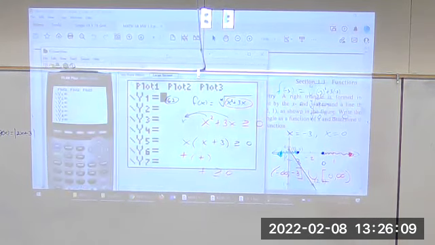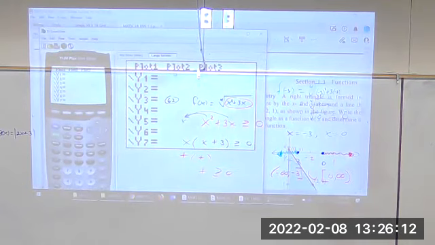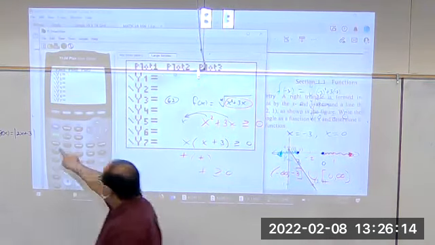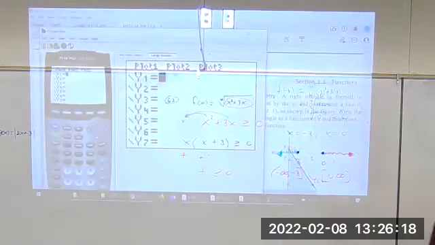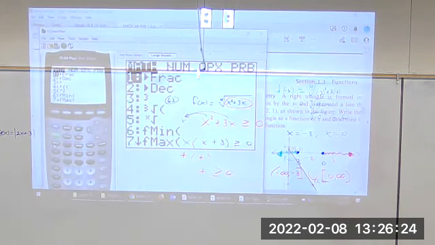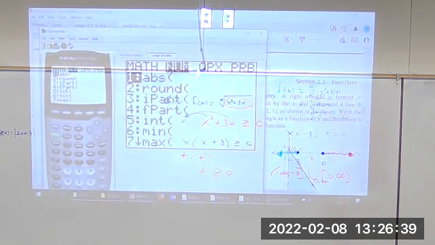When you go to the math button right here, math, you're going to get 4 columns. So math, we have fraction, I think that's decimal. I've never used those two. So there's your cube root, x root, okay. But if you go to the right, number functions.